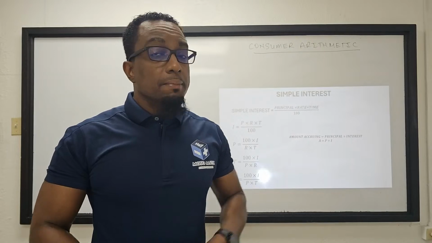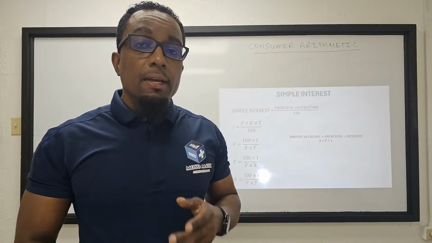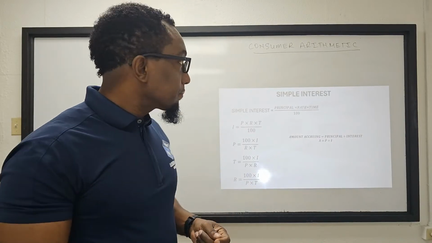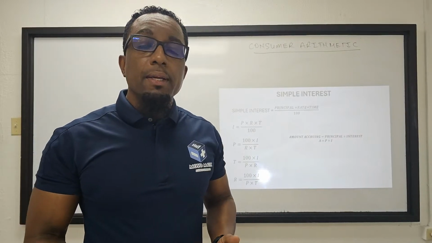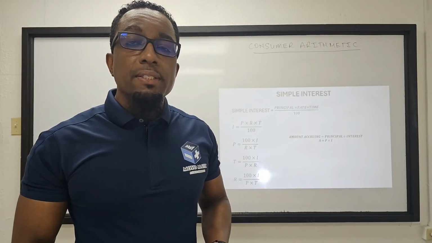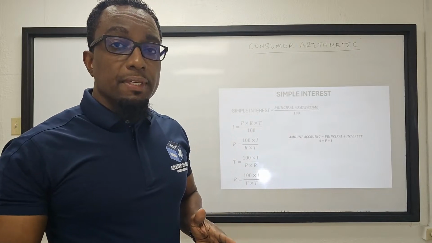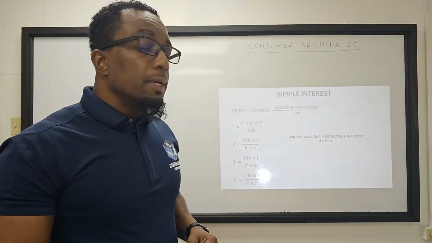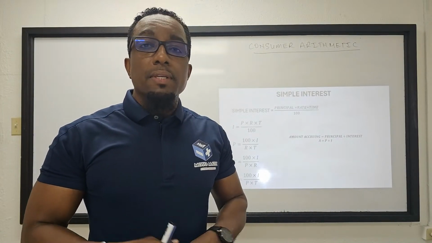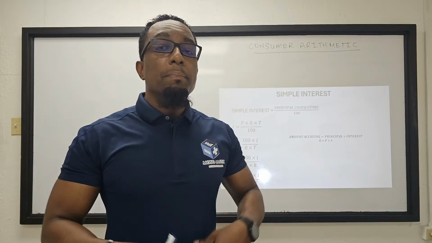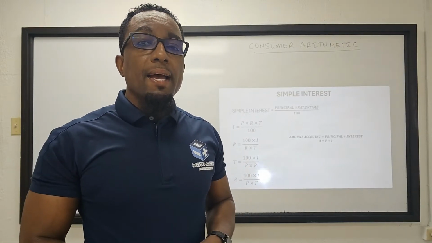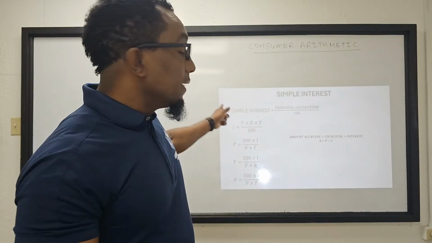Similarly, if you have money saved, the money you have saved will be the principal. The bank will charge an annual rate, and you'll have money saved for a specific time. If you borrow money from any financial institution, you have to repay that money plus interest.